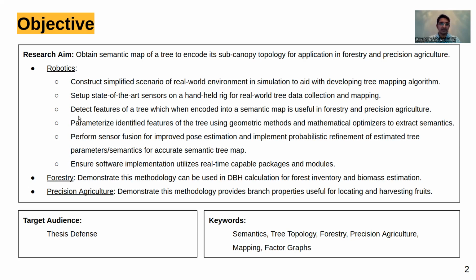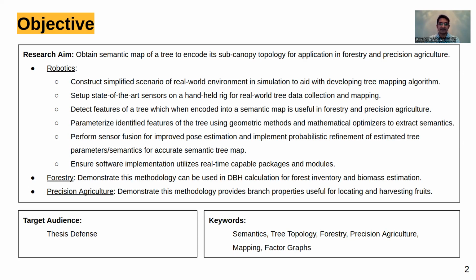Once we obtain data, irrespective of whether it's from simulation or from the real world, we have 4 main stages. First, we detect interesting features of the tree. As I mentioned, in this case, it'll be the trunk and branches that exist below the subcanopy. We parameterize these features using geometric methods or mathematical models.